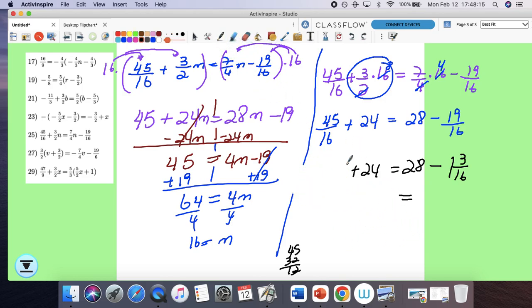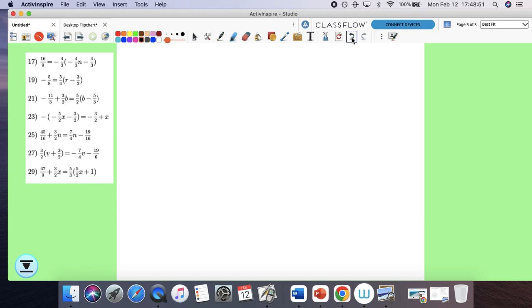This is 2 and 13 over 16. So that gives me 26 and 13 over 16. Now, if you subtract here, right, 28 minus 1 and 3 over 16, if you think about it, it's going to be the same thing as 26 and 13 over 16. Whew. Good thing we found my mistake. Which one did I just do?